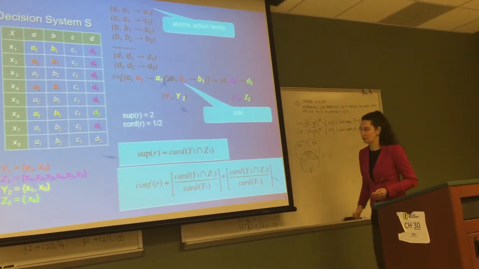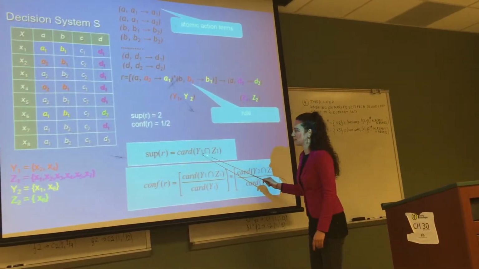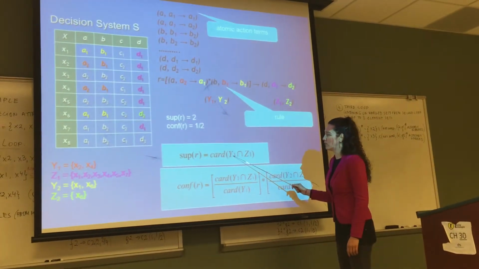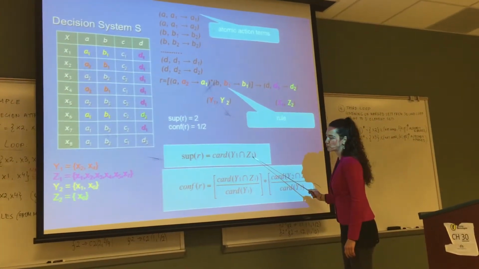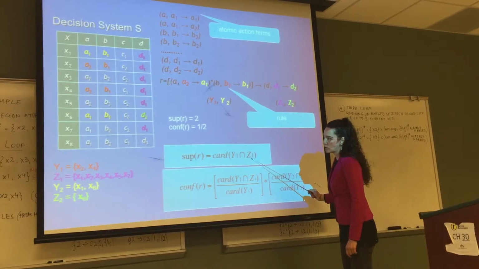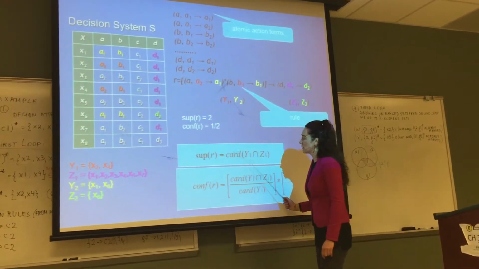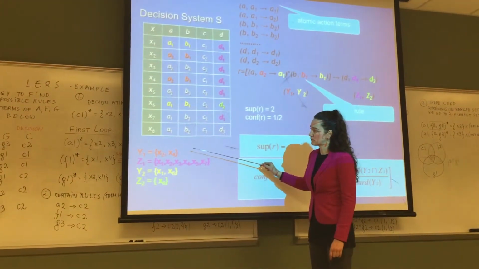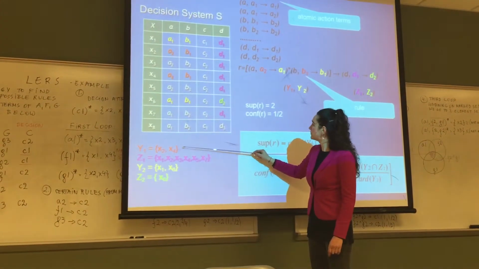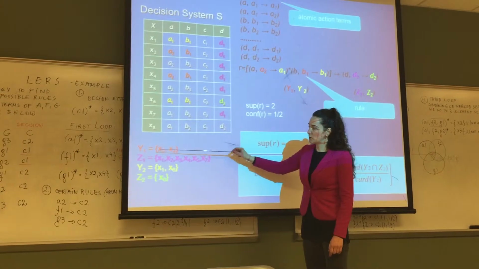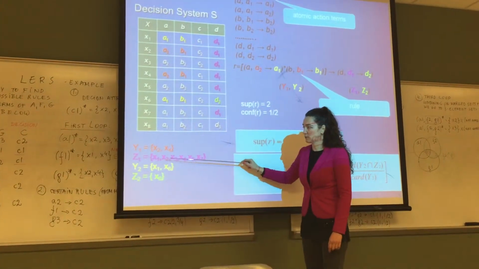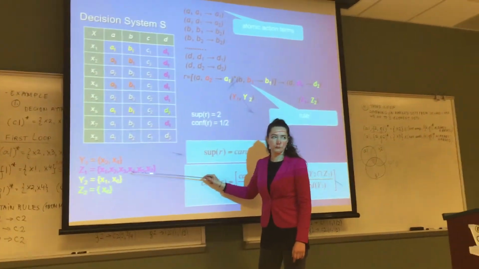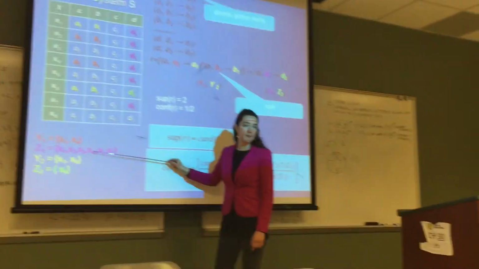of the action rule. The support is the intersection of the set Y1 and Z1. So what is the intersection between Y1 and Z1? X2, X4, right?